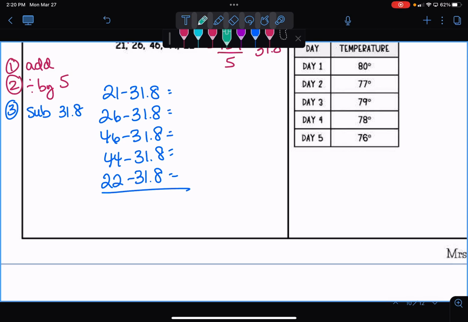Okay, what is 21 minus 31.8? Negative 10.8. Next. Negative 5.8. Next. 14.2. Next. 12.2. And last.